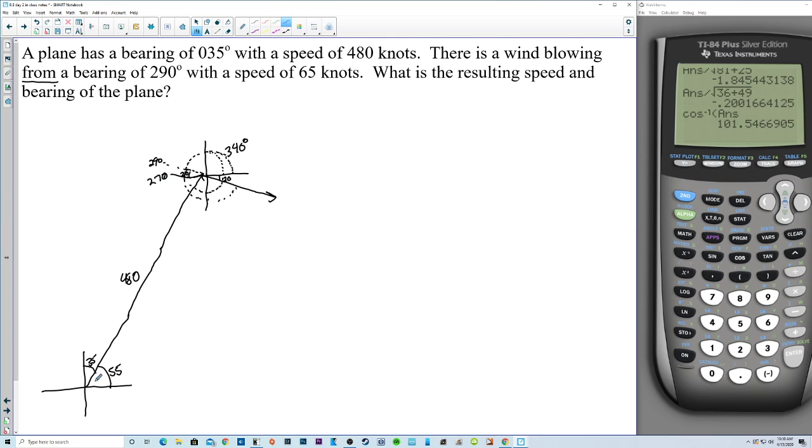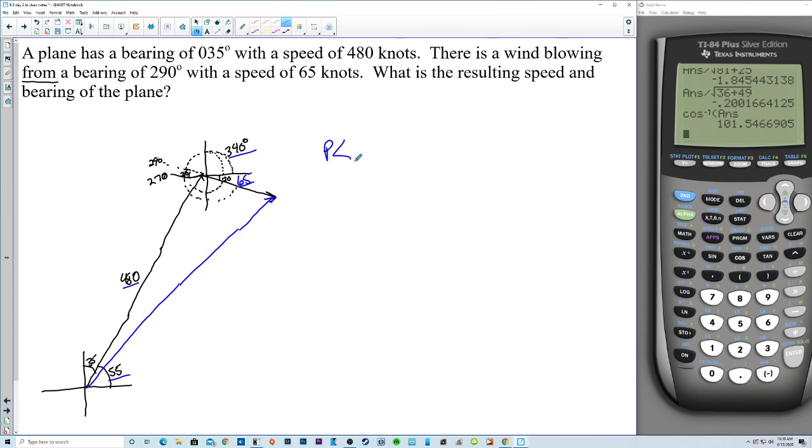All right, now we need the resulting vector. Ooh, okay. Have to bend that a little bit. There we go. The magnitude of the wind, by the way, is 65 knots. So we need the 480, the 65, the 340, and the 55.